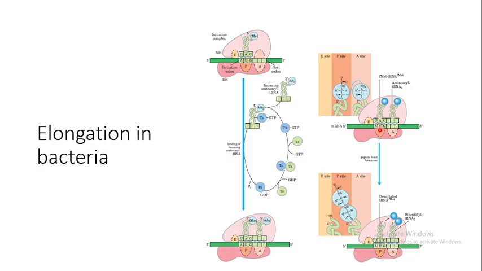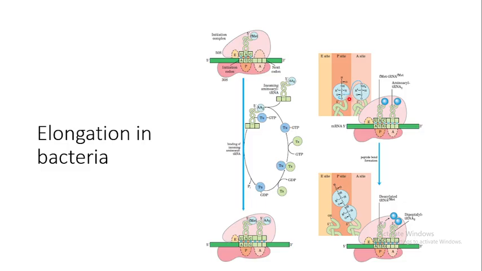So now there will be a bond between this C double bond O and the amino terminal of the AA2, right? So this is the AA2 and this is the fMet, and there is a bond between the amino terminal of the AA2 and the carboxylic acid of the first amino acid, which is fMet, right?